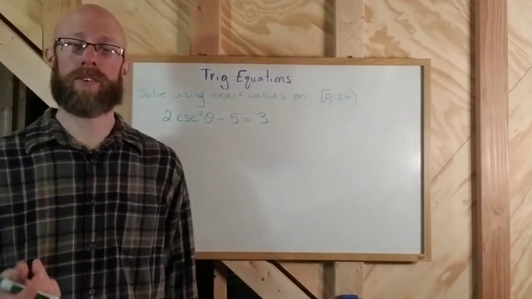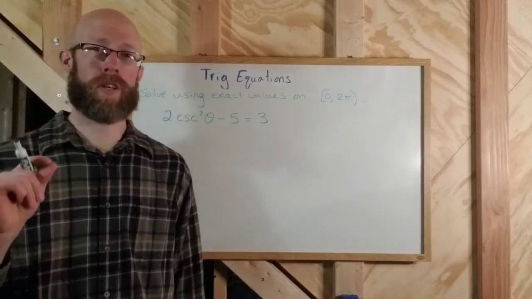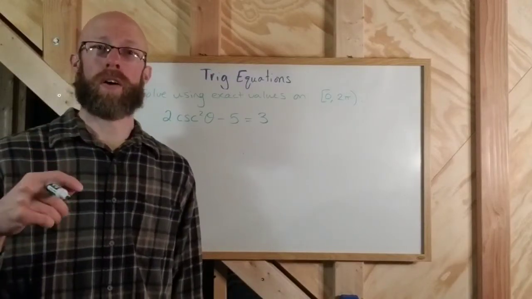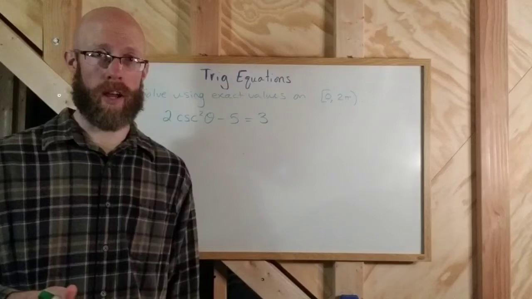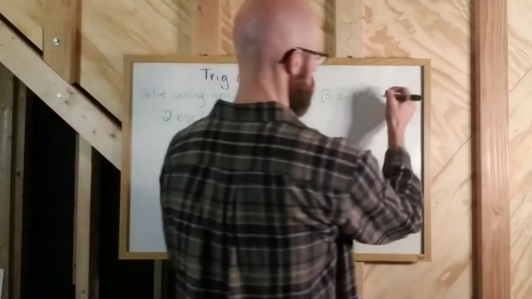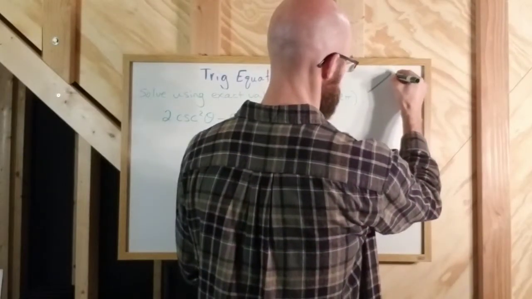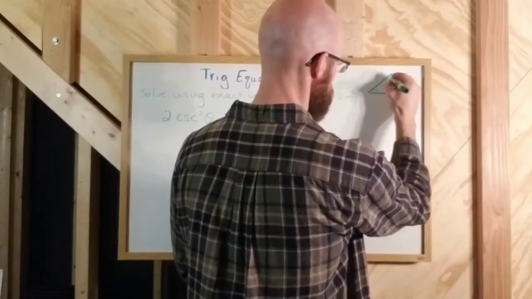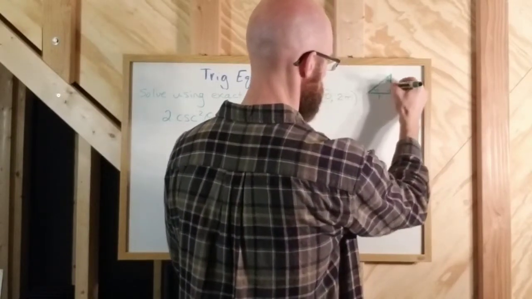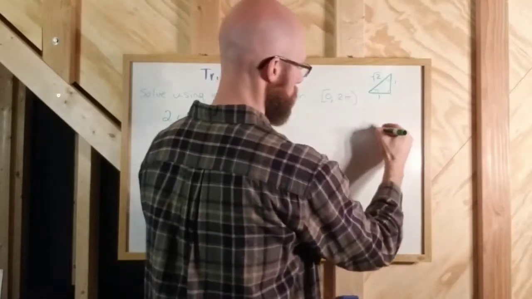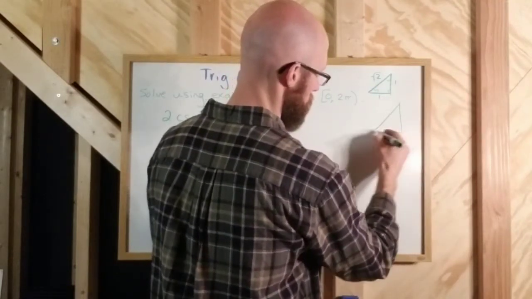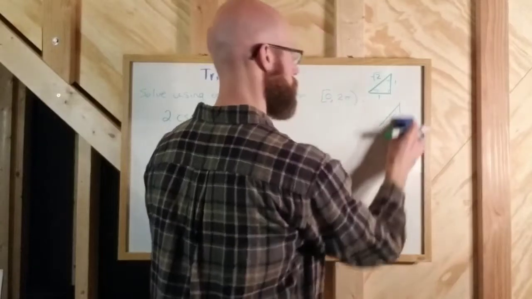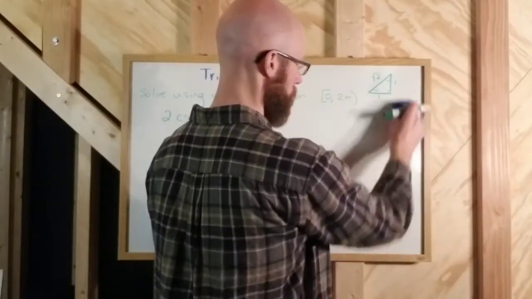Exact values typically should signal to you that we're going to use one of the 2 special triangles. You're either going to be working with a 45, 45, 90 triangle, or the 30, 60, 90 triangle.